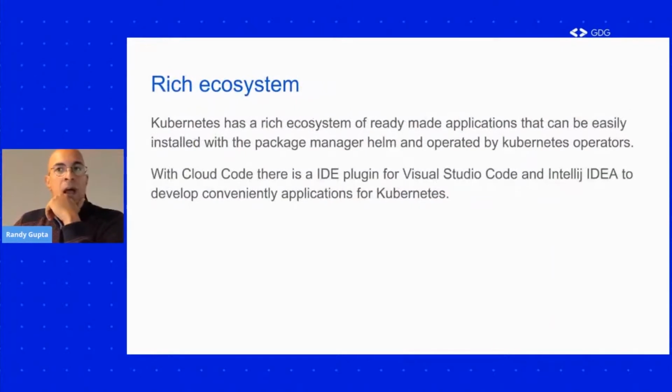So I have said that there is a rich ecosystem. First of all, there are a lot of applications for Kubernetes. I mean, basically, you can take any Docker image and toss it into that. However, applications are usually more complex than just a Docker image. They consist often of multiple Docker images, and a database, and a lot of configuration.